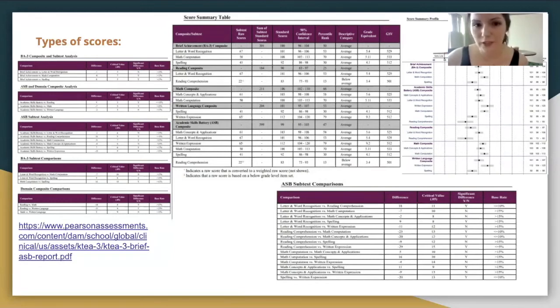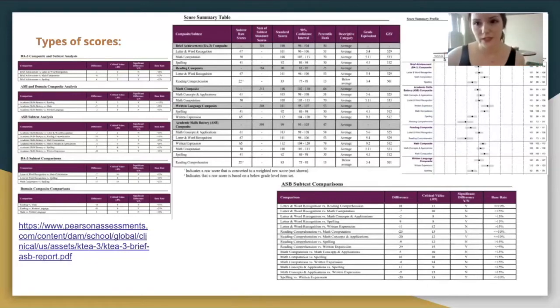We can see here standard scores, the sum of the standard scores and graph scores. Also the confidence interval, percentile rank, descriptive category, whether it's average or below or perhaps above the average, and grade equivalent. In this case, grade equivalent, it can be also age equivalent, and growth scale value.